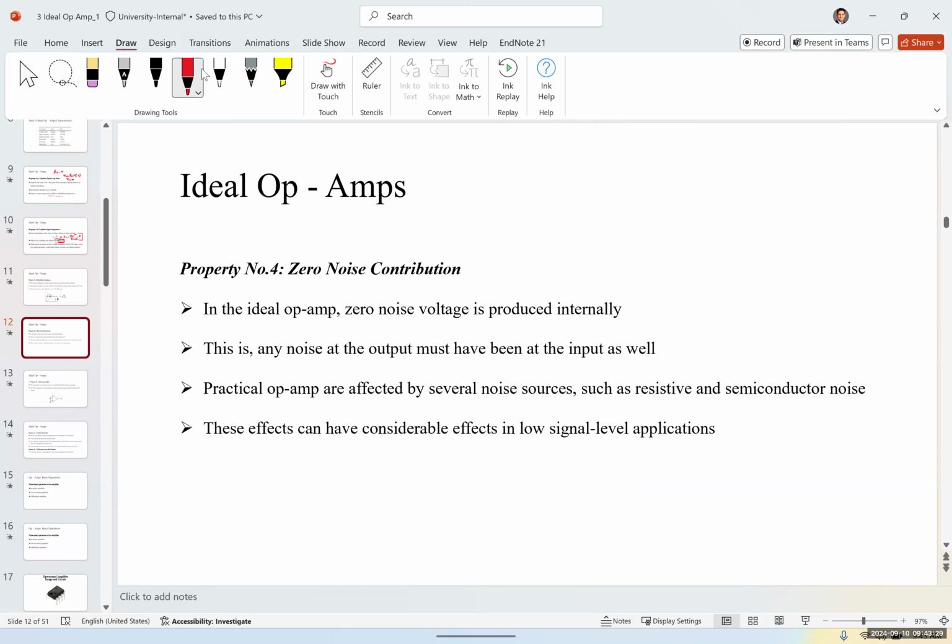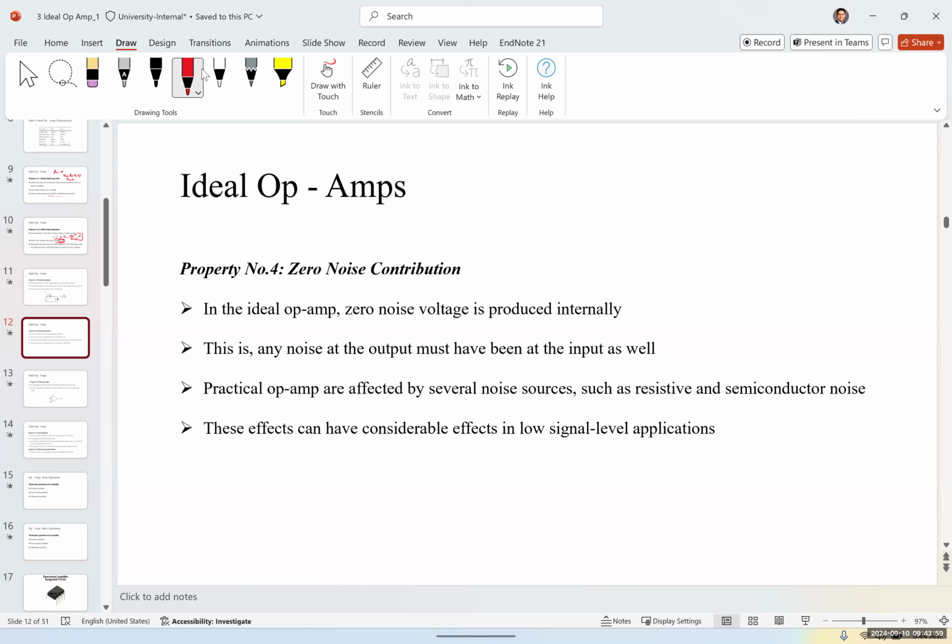Property number 4, 0 noise contribution, meaning that an ideal op amp should not add any noise to the system on its own. But in reality, the power supply and the internal components of an op amp add noise. We have thermal noise, we have electromagnetic noise, and so on. It's going to be added to the system eventually.